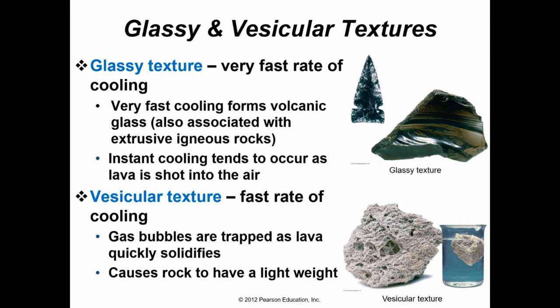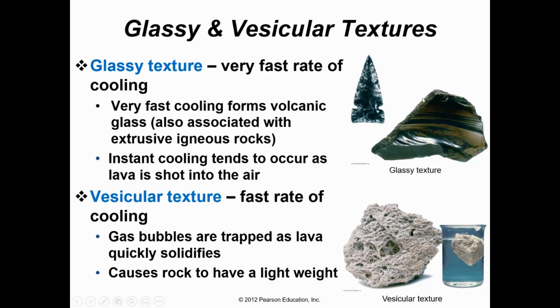Okay, so the orange colored stuff literally being shot out of the top of a volcano and being solidified pretty much instantaneously into solid rock. Now, the quicker that lava solidifies in the air, the smaller the grain size is going to be.